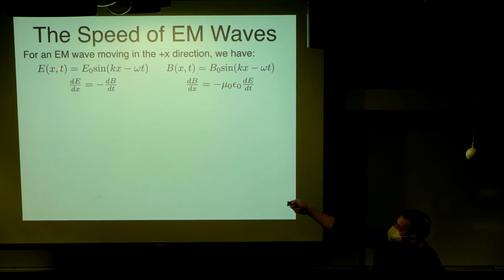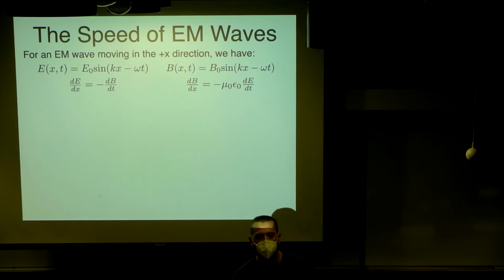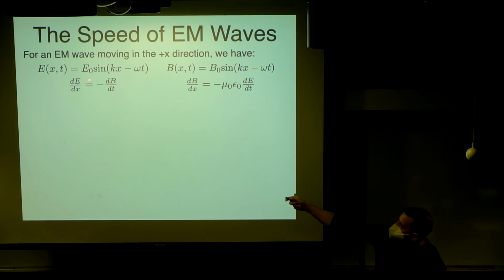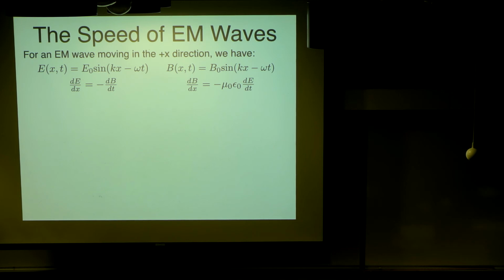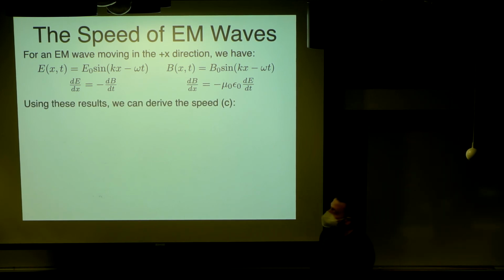And then we also have what E and B are supposed to be equal to for a sinusoidal wave, right? E is given by E naught, some kind of amplitude, times sine of kx minus omega t. And then B equals B naught, some amplitude for the B field, times sine of kx minus omega t. So what I'm claiming here is we can use these results to get the speed of light. It's not obvious, so I'll walk you through how that works, okay?